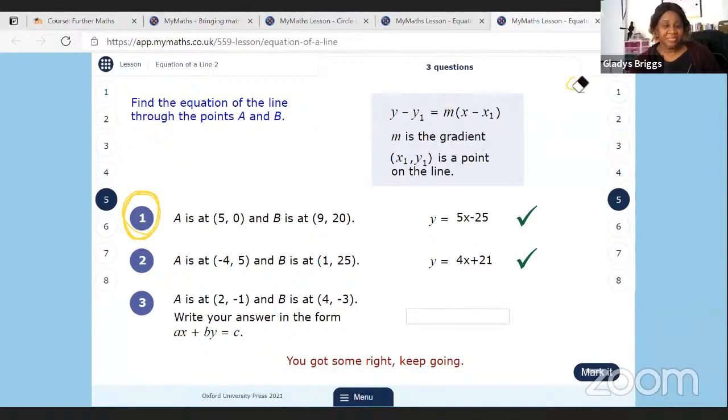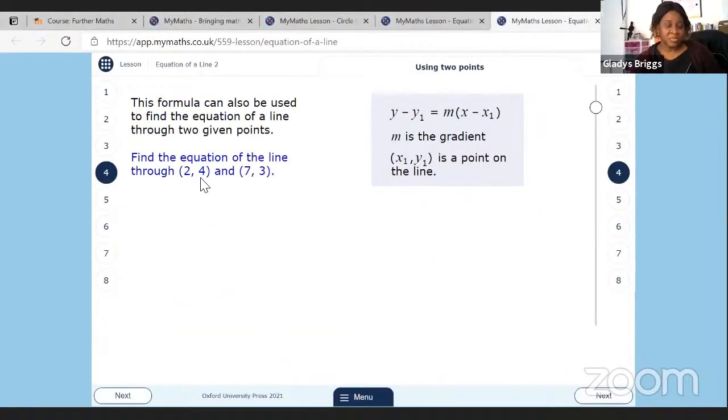Find the gradient. Did they even explain that in this one? Let's have a look. I'm going to come out of here and go back to this module.